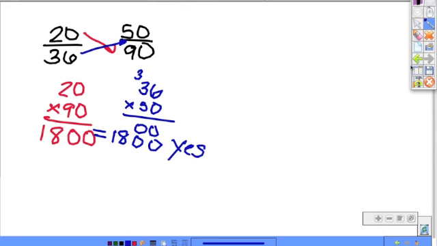All right, now let's try one that's not going to work out for us. Let's try 10 over 32 and 16 over 38. All right. Now let me show you the way you can do this where you can reduce the fractions down, because you might like that way a little better. That's fine.